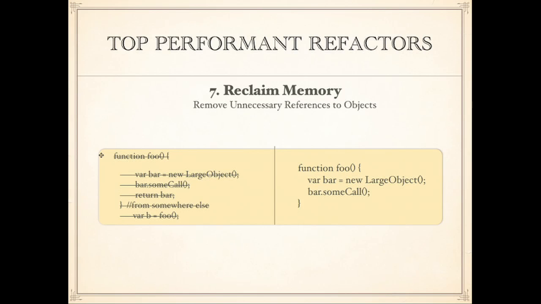Along the same lines, refactor your functions or use closures to avoid unneeded access to objects. Get rid of what's not in scope. Make considerations like this to optimize your code. Make this a part of your code reviews or your continuous delivery checks.